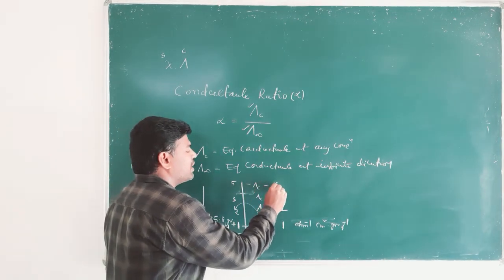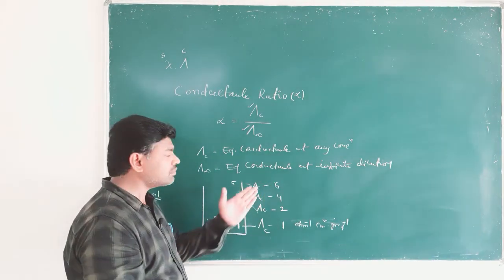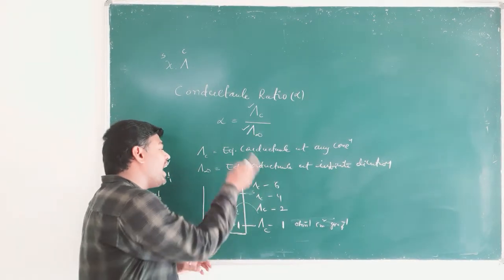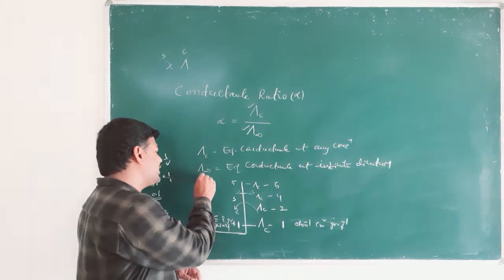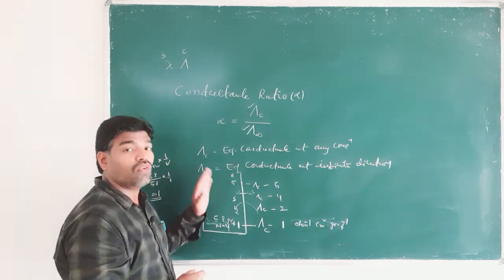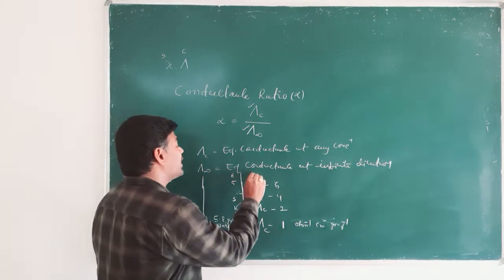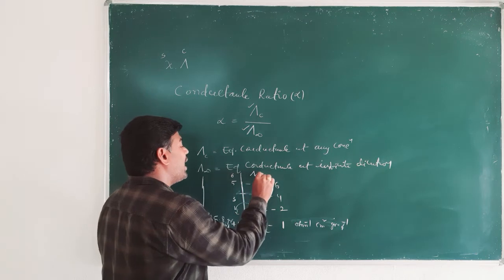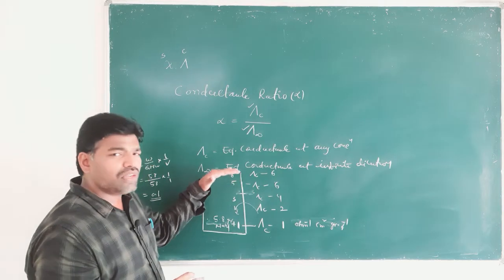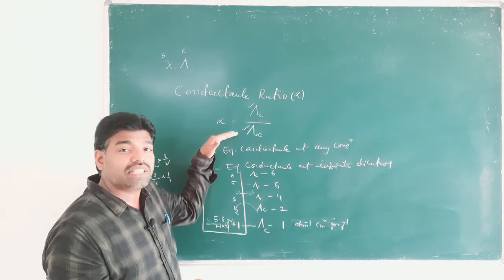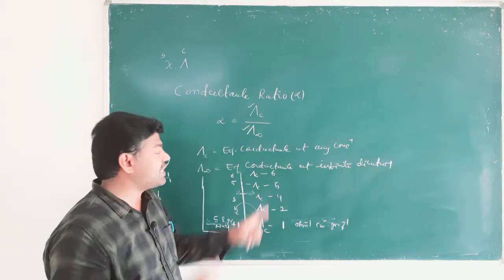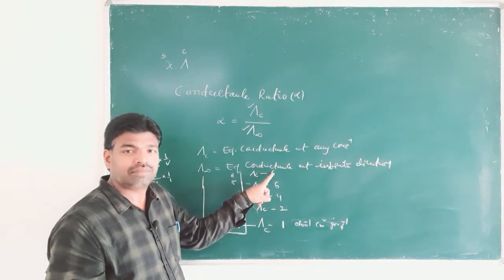Okay, that comes out to be 6, right. And if we add one more liter, that is total volume is 6 liters, the equivalent conductance remains constant. For example, if you add one more liter, that is total volume is 7 liters, the equivalent conductance remains the same, that is 6.